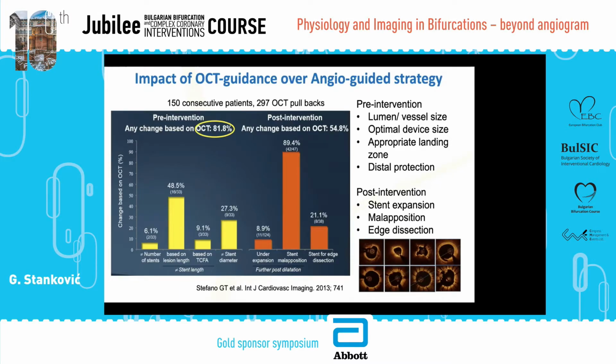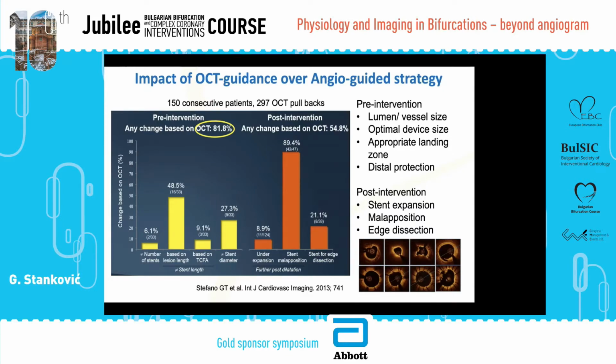Pre-intervention, we can see lumen size and vessel size, select optimal device sizes for both balloons and stenting, select the landing zone, assess the risk of complications, the presence of TCFA, and the optimal stent diameter. By doing that, in 4 out of 5 patients, we change what we would do based strictly on angiography.